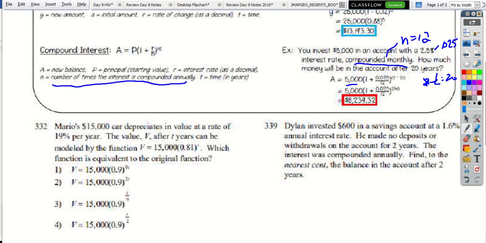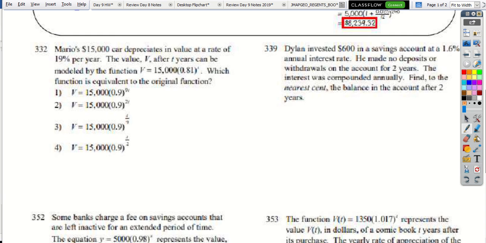All right. So if you take a look at number 332, which is in your packet too, by the way, his car depreciates at a rate of 19% per year. The value v after t years can be modeled by the function, which is equivalent to the original expression. So one way to easily do this is to figure out what this is equal to and figure out what these are equal to, and then you can choose the appropriate expression.